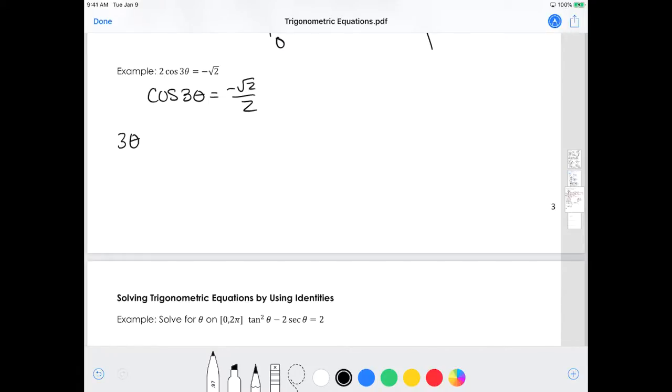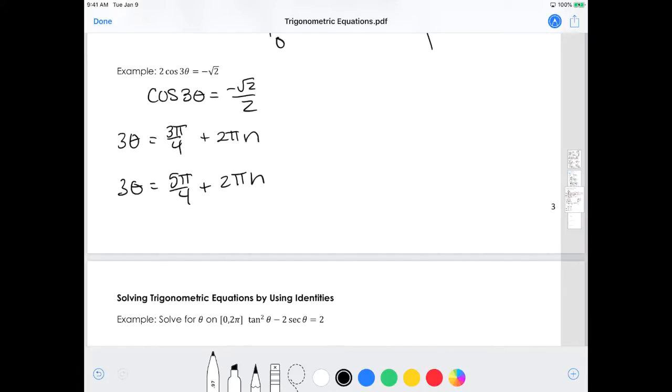So to solve for 3 theta, I want to find the two places on my unit circle in which my x coordinate, since this is cosine, of the terminal point is negative square root of 2 over 2. And those two places are 3 pi over 4 and 5 pi over 4.